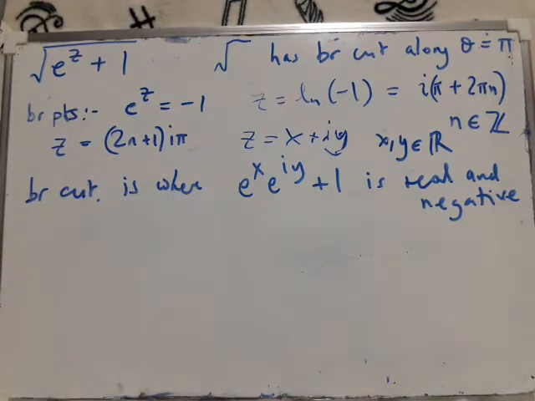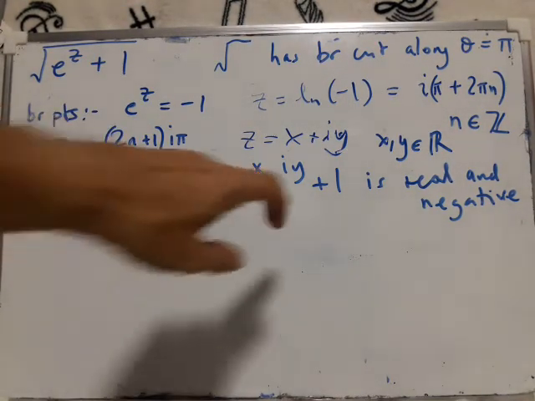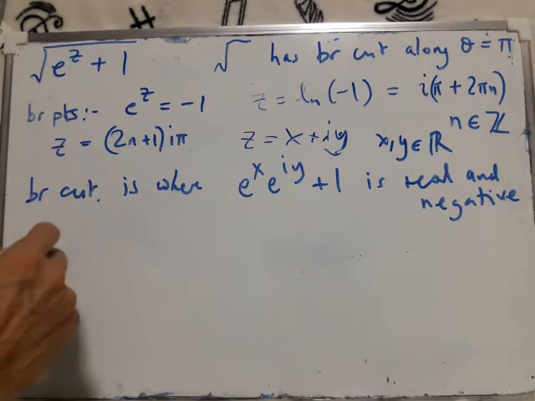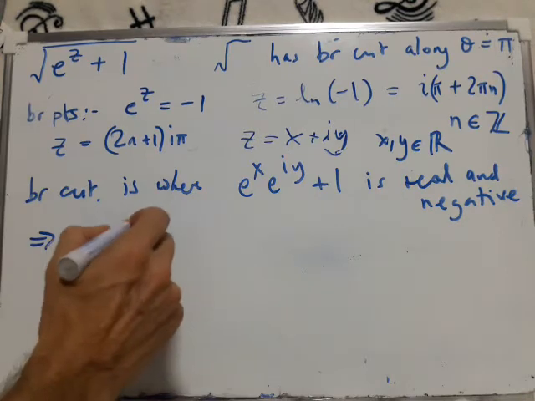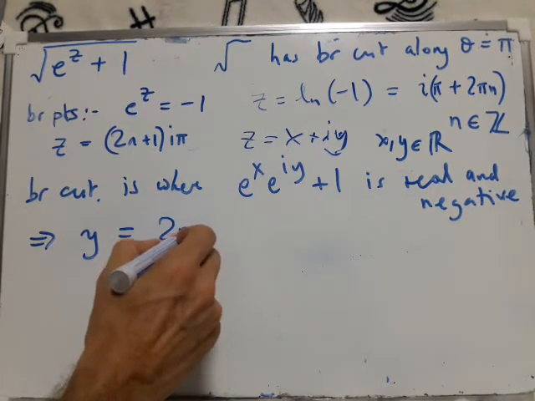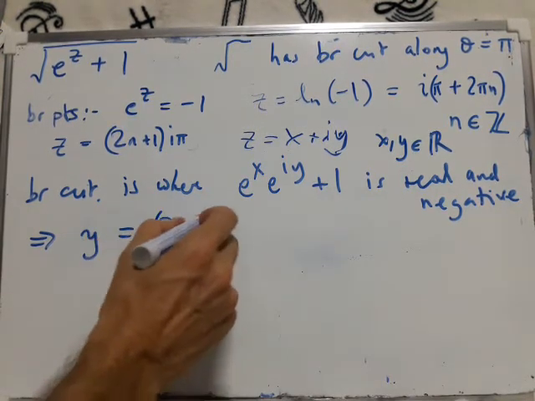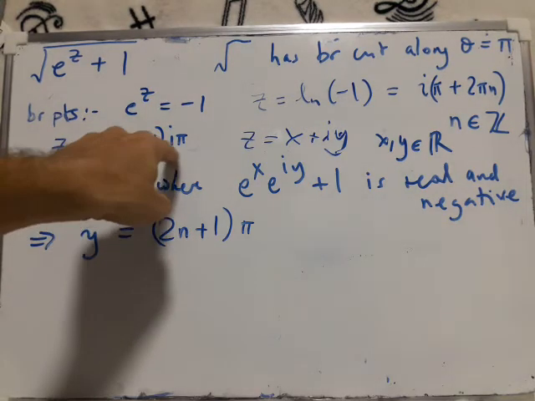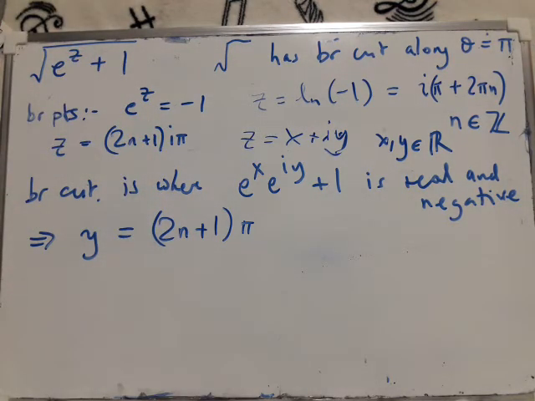So the only way that this can be real and negative is if y is an odd multiple of pi. Now this is looking hopeful because we seem to have odd multiples of pi appearing here. So we've sorted out the y value.